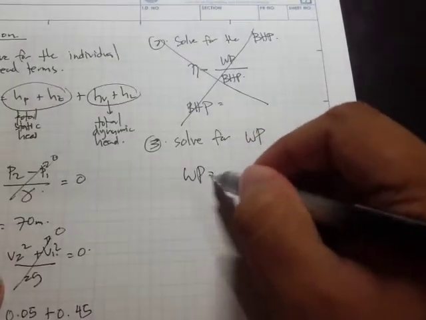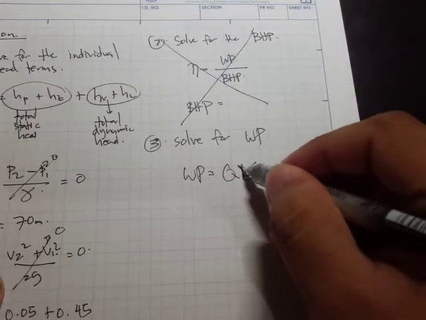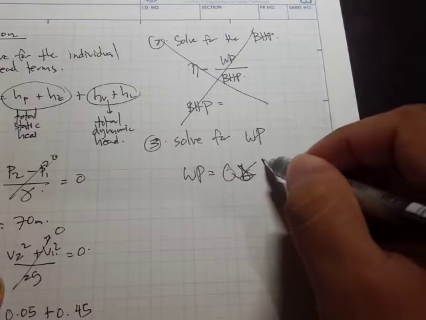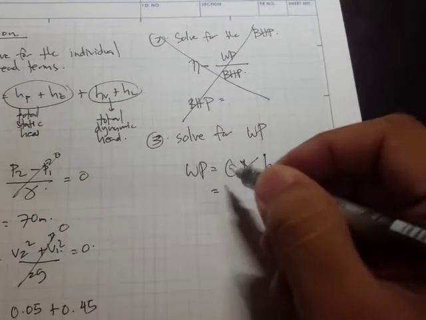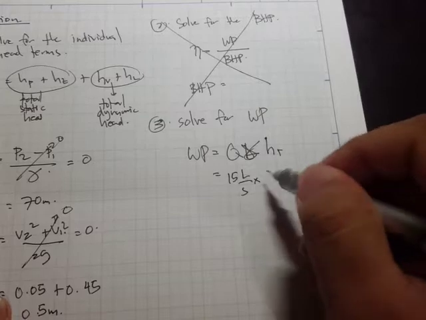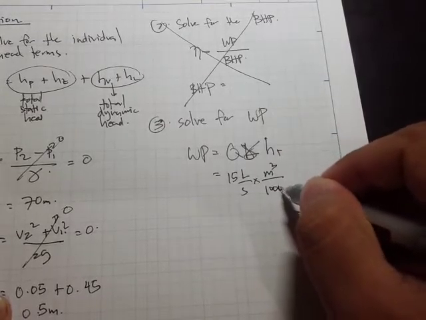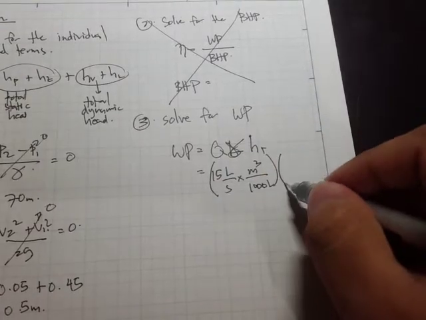So water power is equal to Q times the unit weight times the height, total head. Our Q is 15 liters per second. And let's convert this to cubic meter. We have 1,000 liters times the unit weight of water.